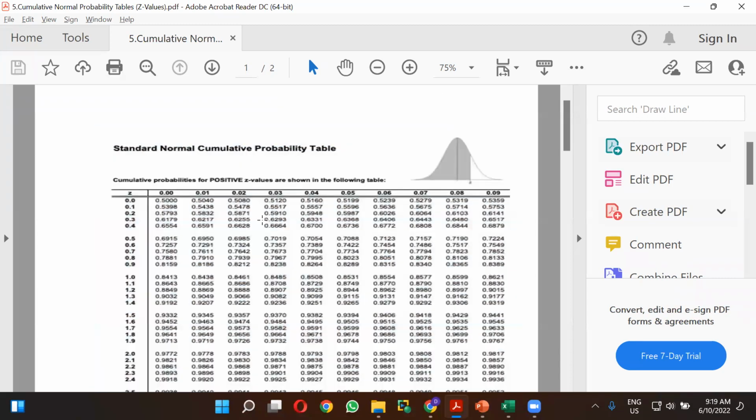I cannot highlight this because it is a picture. So what is the value? 0.6293. Yeah, 0.6293. Take the whole figure, right?